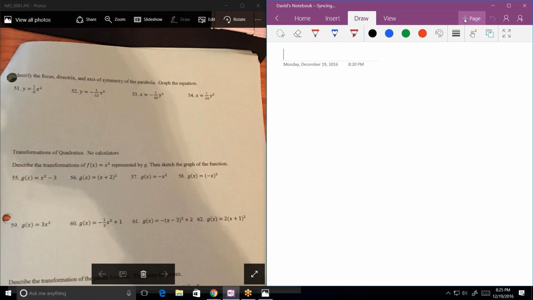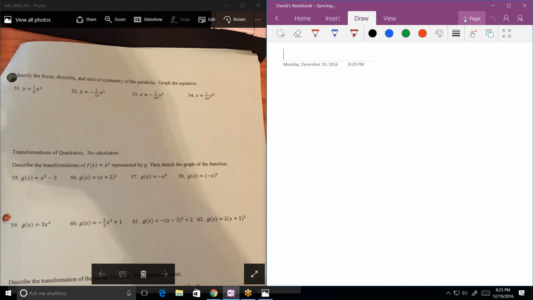You don't want to get it backwards because if you get it backwards, you'll miss all 8 problems. If you confuse your horizontal and your vertical adjustments, you'll be wrong on all 8. That's the one thing you can't do. Everything outside the function is vertical, everything inside the function is horizontal.